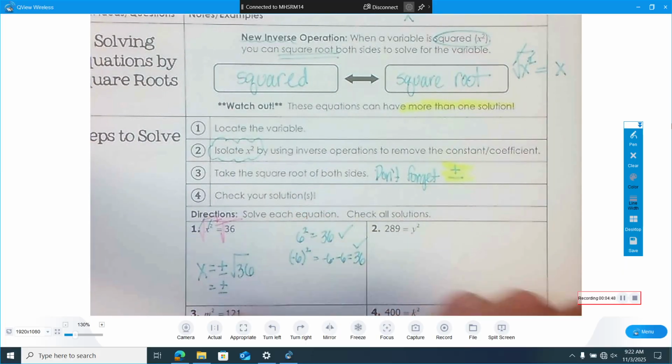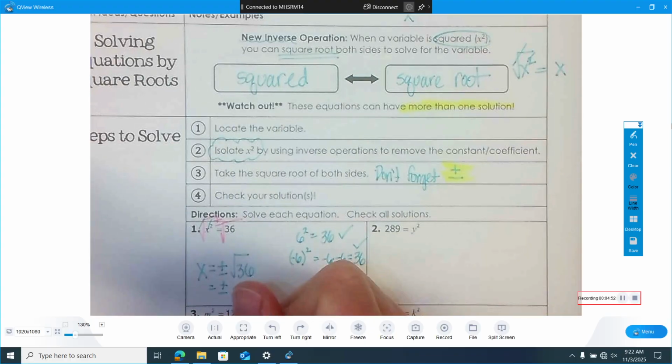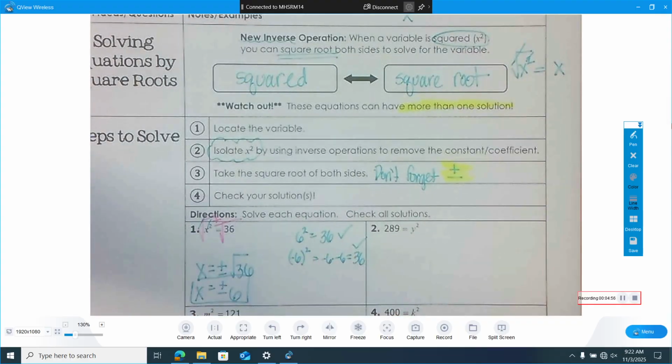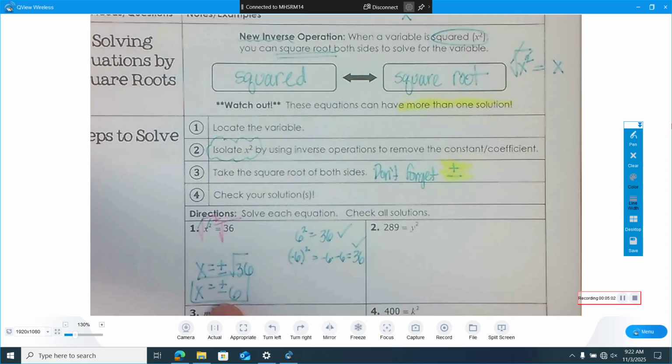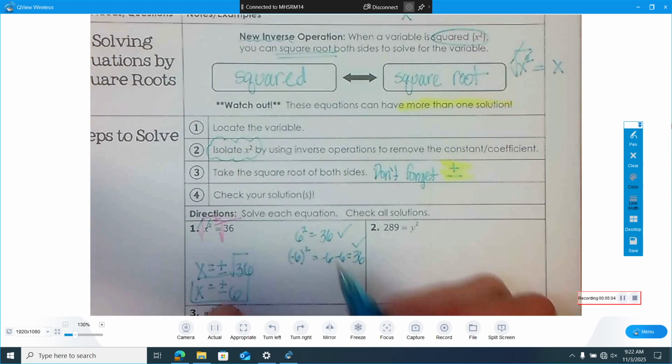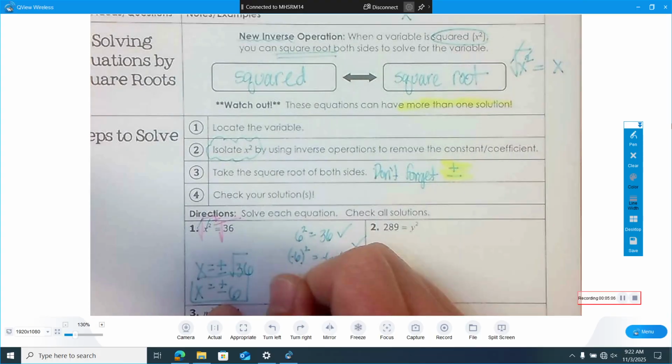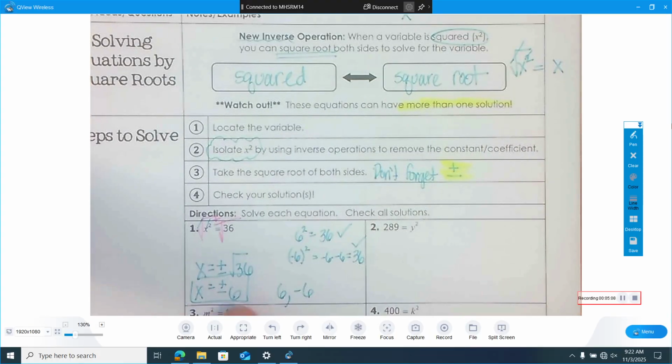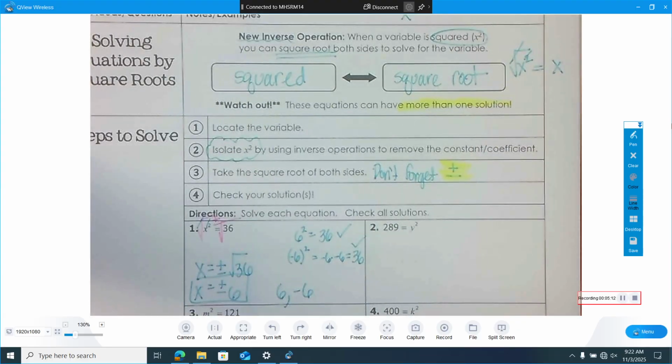And what is the square root of 36, you guys? 6. You can plug that into your calculator to double check. So there are 2 answers: a positive 6 and a negative 6. That's what plus or minus means. 2 solutions. Of course, we knew that from the beginning because you guys are super smart.